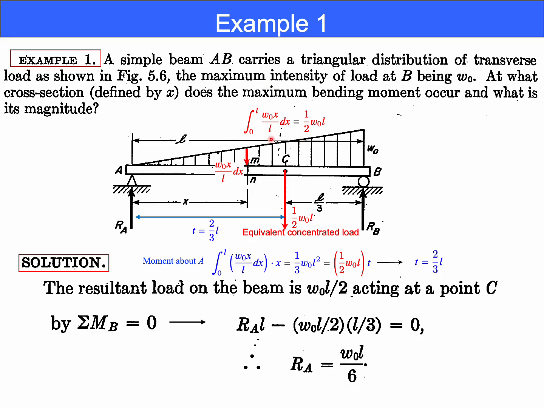This is the distributed load, and dx is the width of the segment, so you obtain the force. This integration gives the total load, that is W0 times L divided by 2. That is exactly the area of this triangle. That's the total load, and this is the external load.